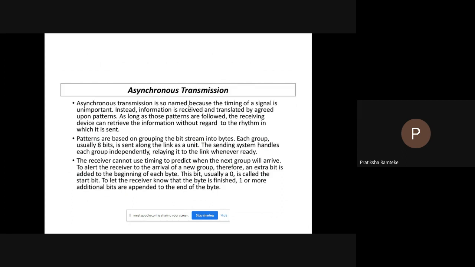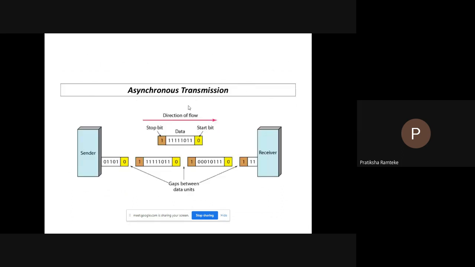So in asynchronous transmission, the data is transferred byte-wise, and there are gaps between them.